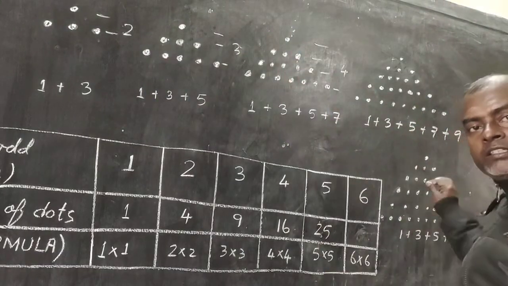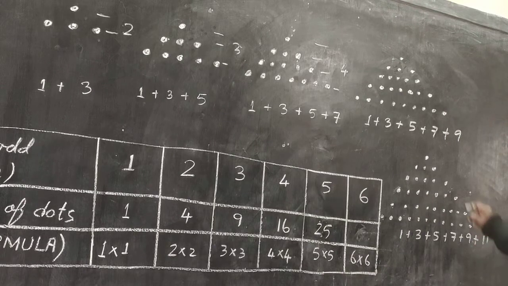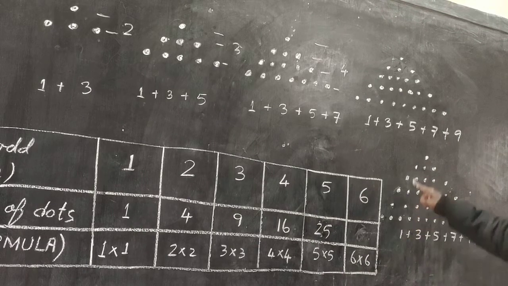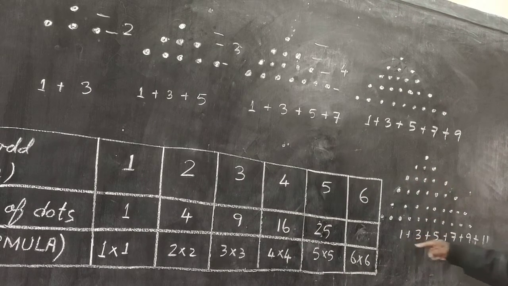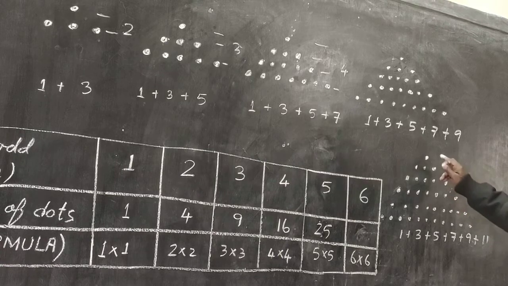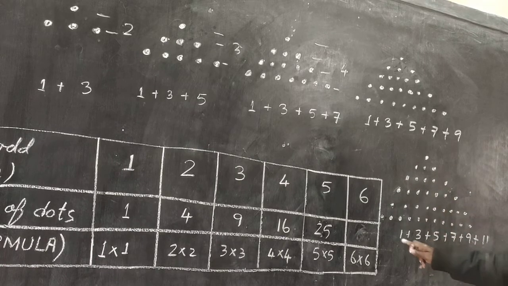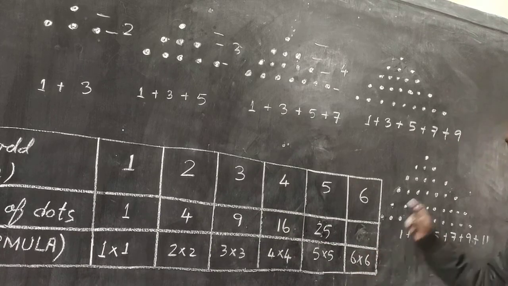I haven't counted, I just drew the dots. It's like odd numbers: 1, 3, 5, 7, 9, 11. So how many dots will be there? First count how many odd numbers are there. 1, 2, 3, 4, 5, 6. So 6 odd numbers. So multiply again with 6.